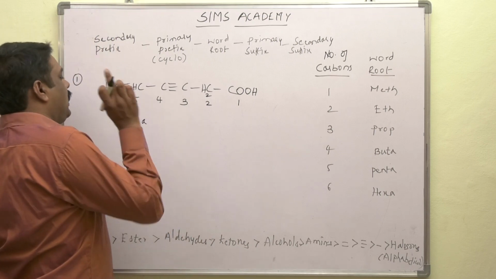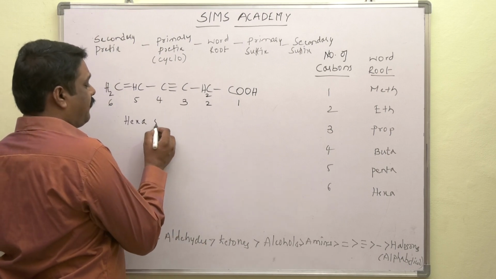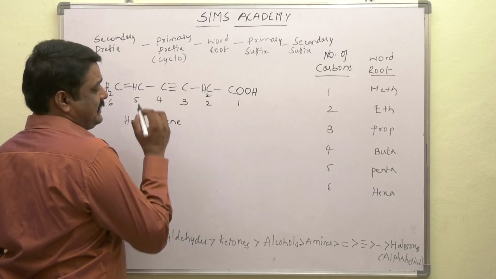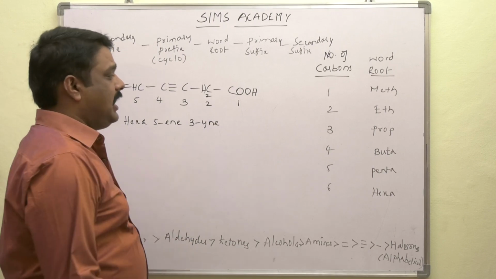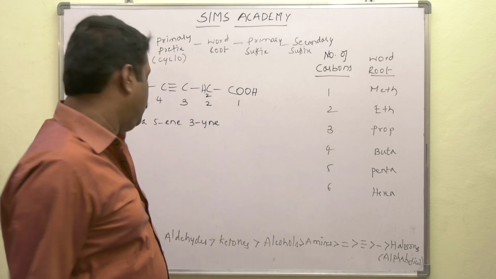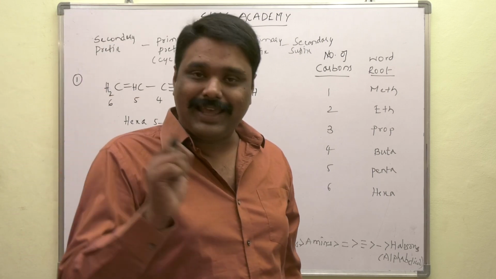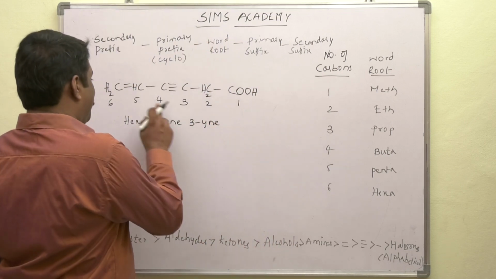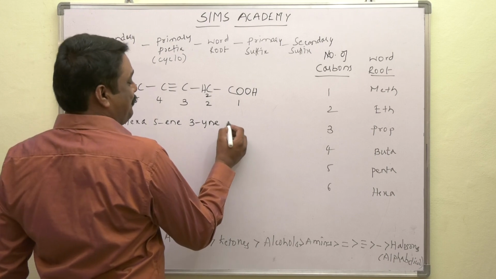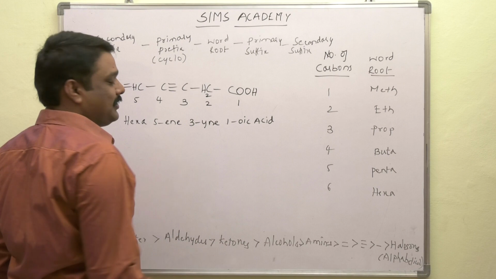Here there is a double bond and a triple bond. The double bond is present at the 5th place, 5-en, 3-yn. Next, if we have the acid group, then we mention it as oic acid. That is 1-oic acid.